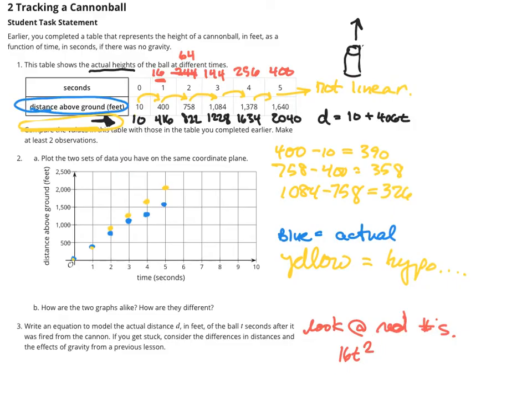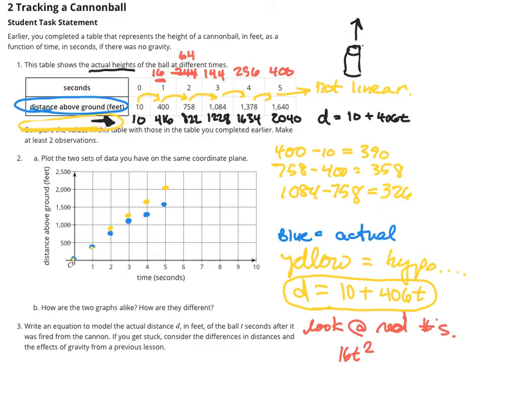So let's go back to linear. Linear was yellow, and linear we understood. That was just distance equals 10 plus 406t, because that's what we did.